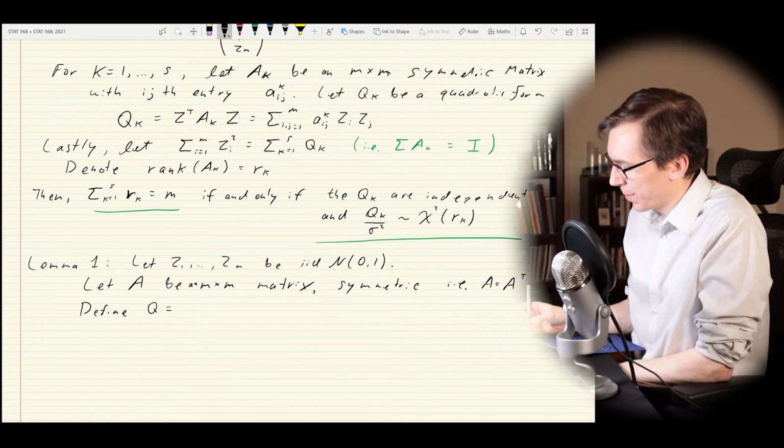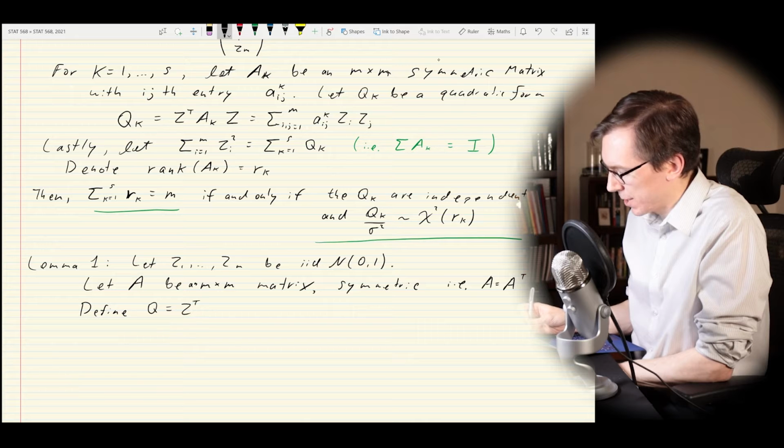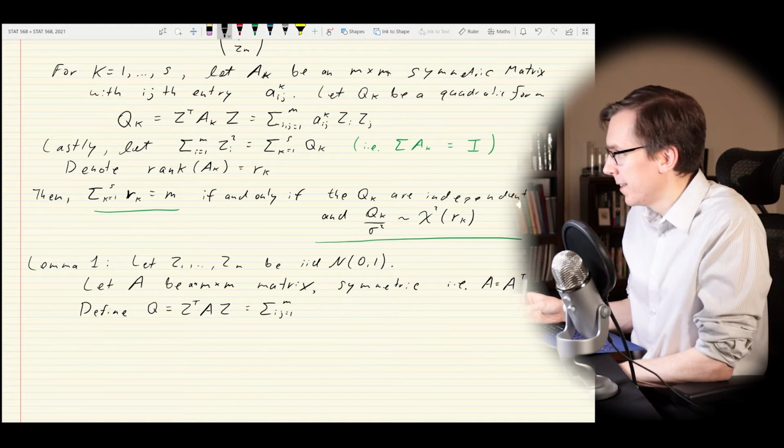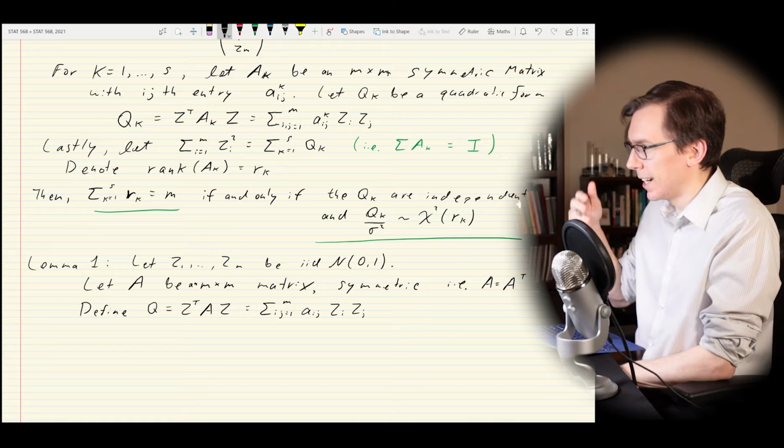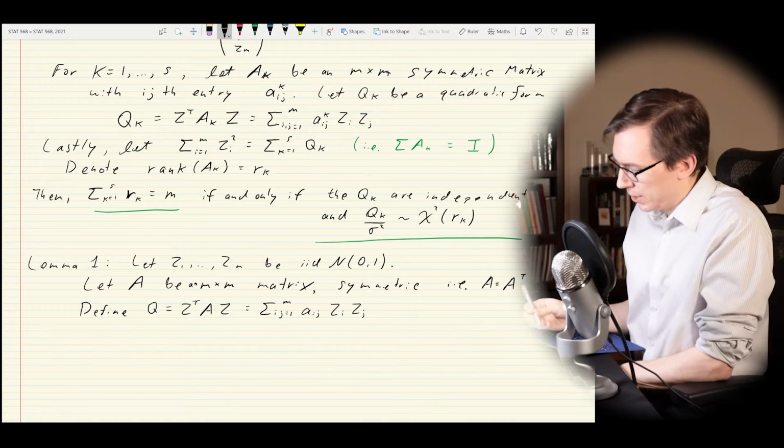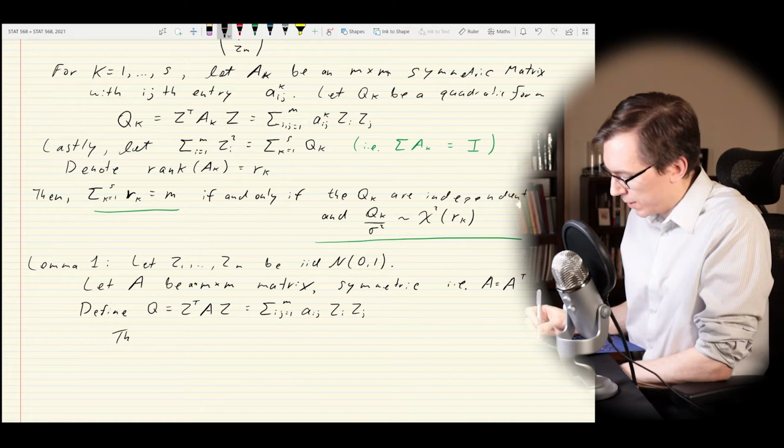Anyway, our quadratic form Q is just going to be what it was above, which is Z transpose A Z, which again is just the sum over i and j from 1 to m of A_ij Z_i Z_j. We can ignore that original superscript k because it's not in this lemma. What's the conclusion?